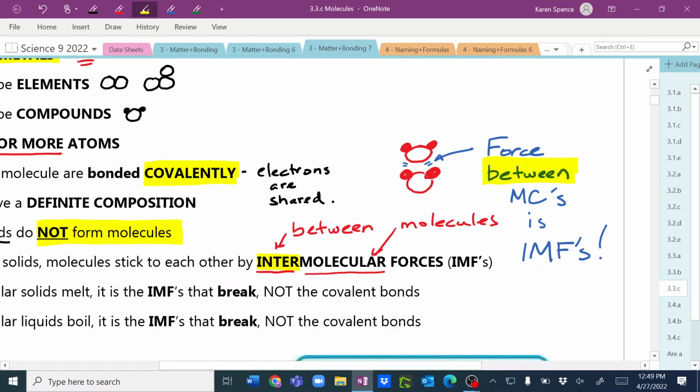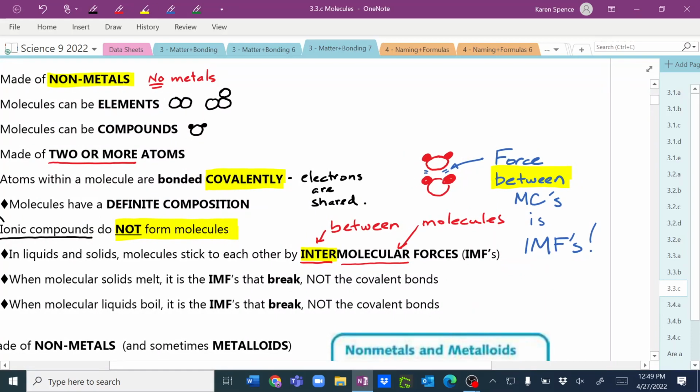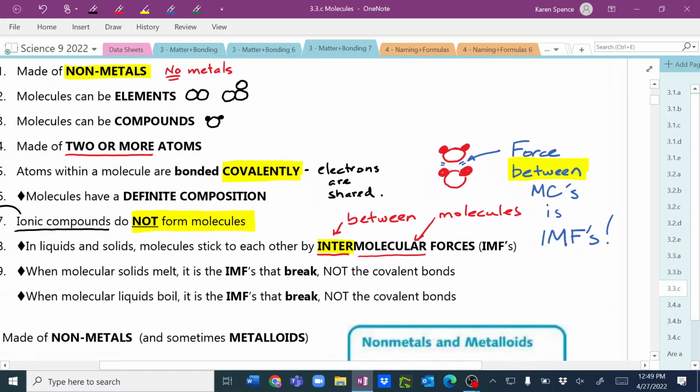What does IMF stand for? Intermolecular forces. Okay? And those are very weak. Okay?